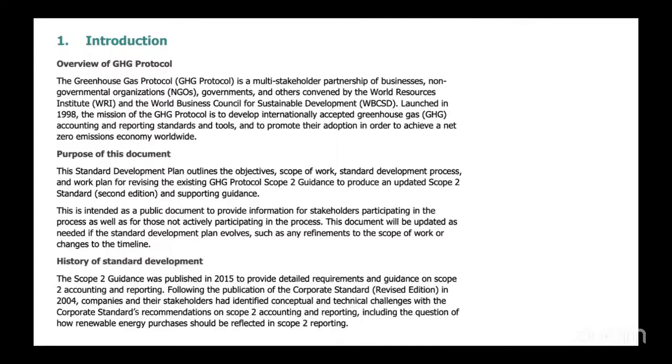This document will be updated as needed if the standard development plan evolves, such as any refinements to the scope of work or changes to the timeline.